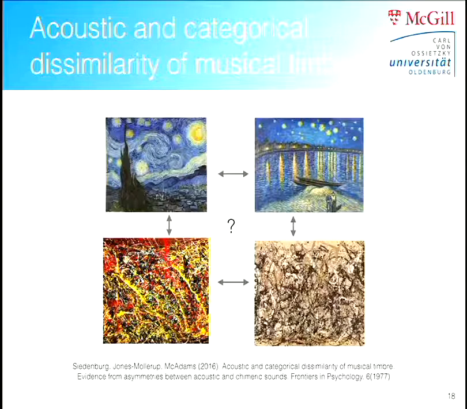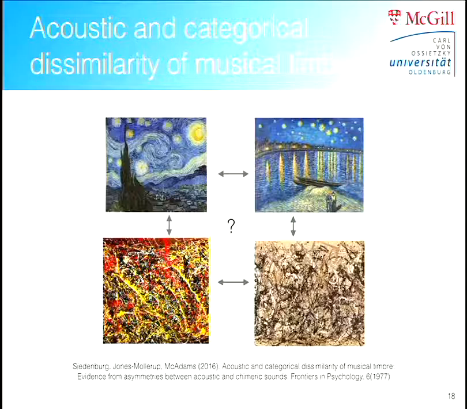The tentative visual analogy would be to compare dissimilarity ratings between a Van Gogh and a Pollock, where one elicits categories like a church and a lake, and the Pollock really doesn't elicit many categories, at least at first sight.